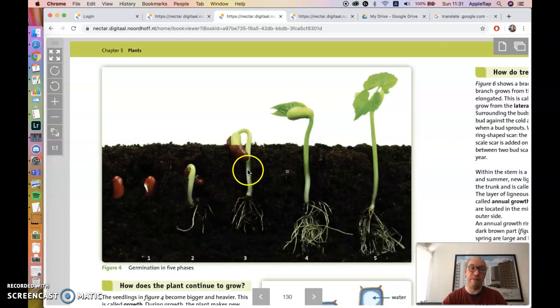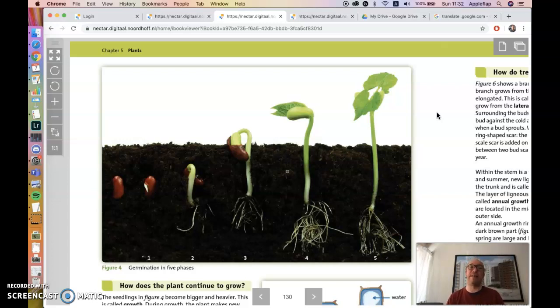The stem will leave the soil, gets above ground, and the leaves, which are also in the cotyledon, will open. And when the leaves open, it can collect now sunlight and carbon dioxide, and together with the water from the roots, it can make its own food, and therefore it can grow even faster and stronger, and now becomes a real plant.